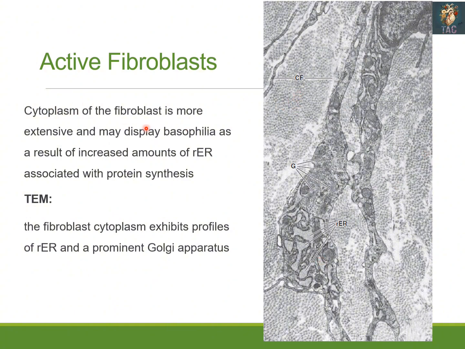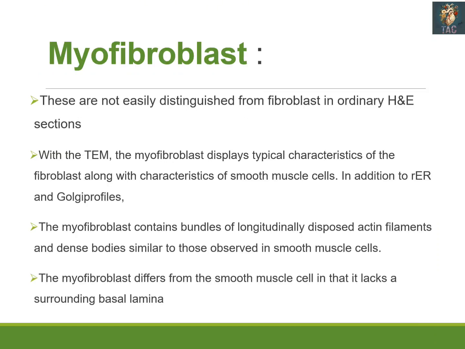The cytoplasm is more extensive and may display basophilia, and this basophilia is because of the increased amount of rough endoplasmic reticulum, which is associated with protein synthesis. Transmission electron microscopy shows the fibroblast cytoplasm exhibits profiles of RER and a prominent Golgi apparatus, as you have seen in this slide.